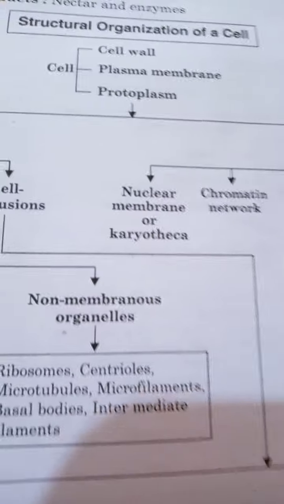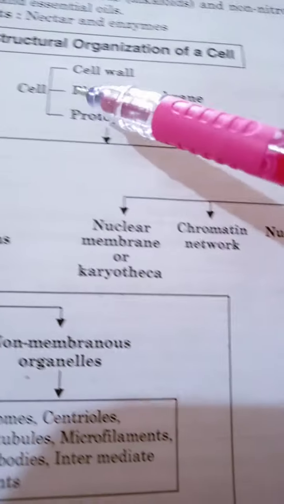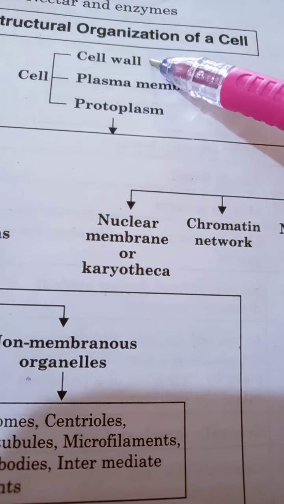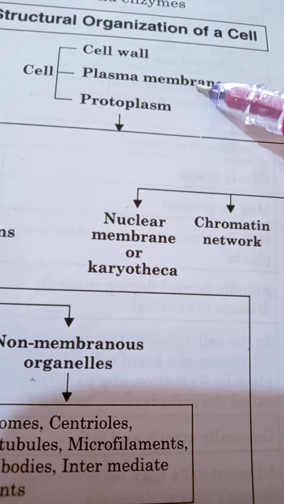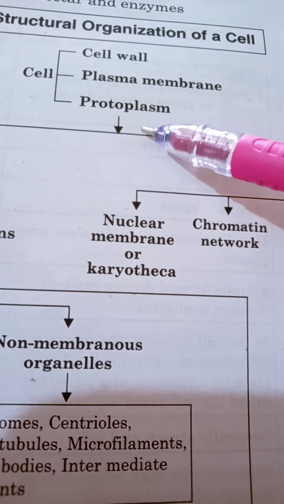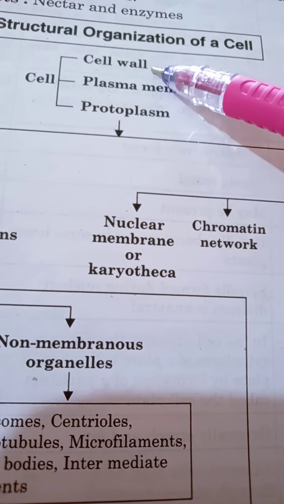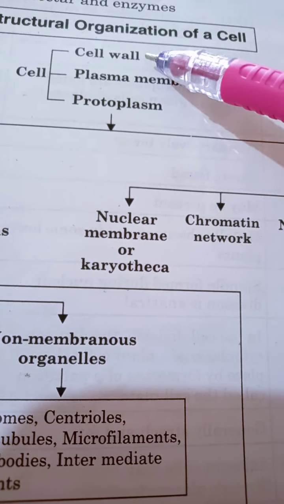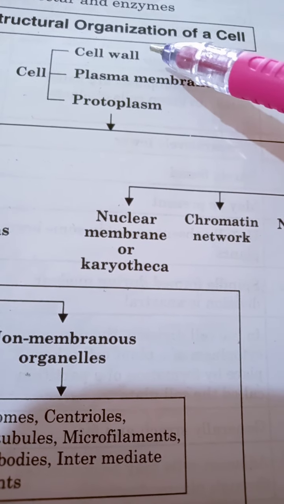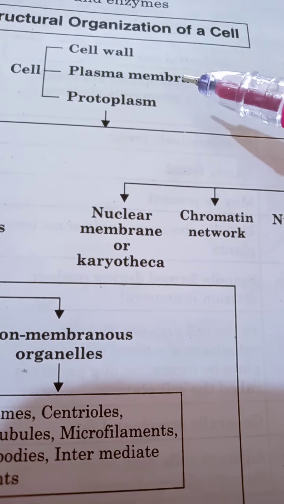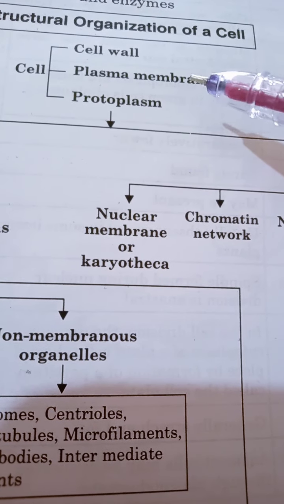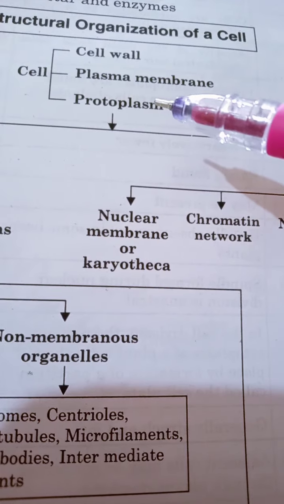So internally a cell looks like this, and that cell could be discussed in detail by considering this flow chart, where a cell has the outermost boundary, that is your cell wall, inner to it is plasma membrane, and inner to it is protoplasm. The cell wall is responsible for giving the shape and integrity to the plant cell, and the plasma membrane inner to the cell wall in case of plant cell also is the limiting boundary of the protoplasm.